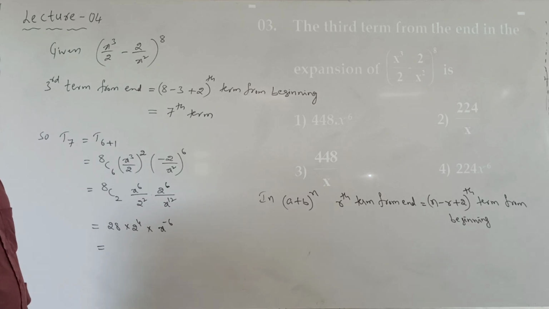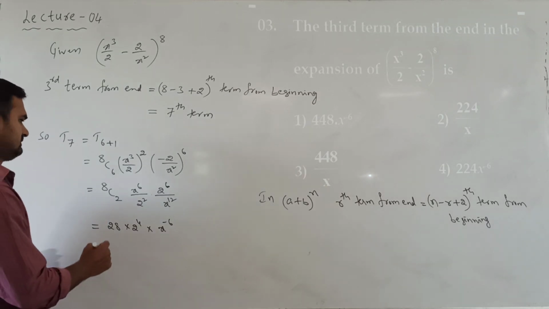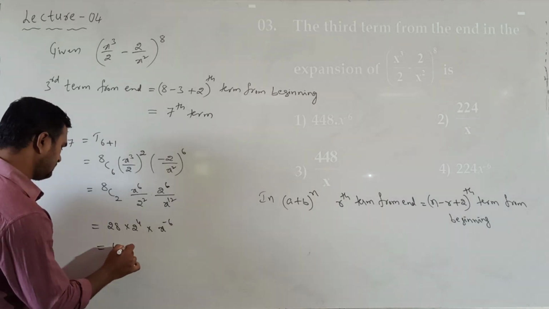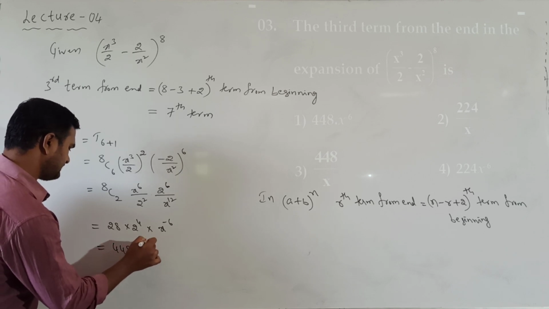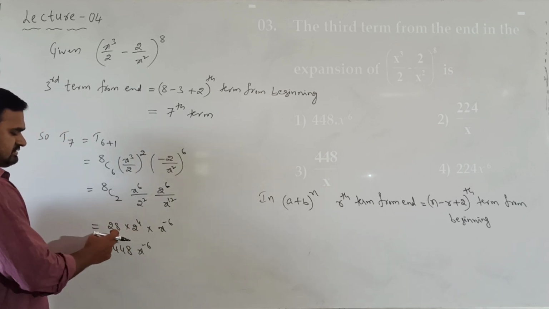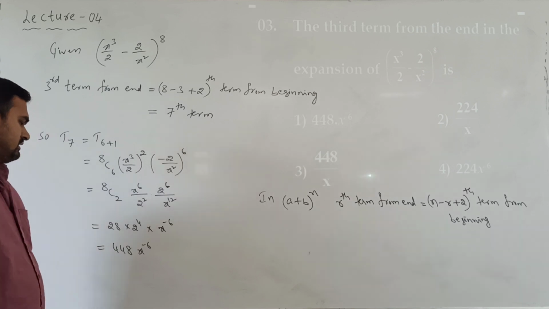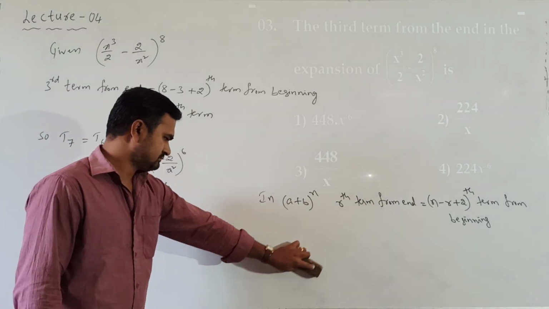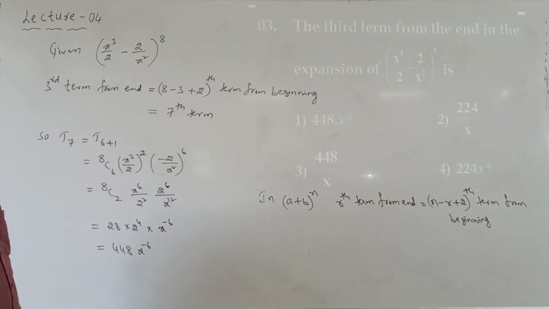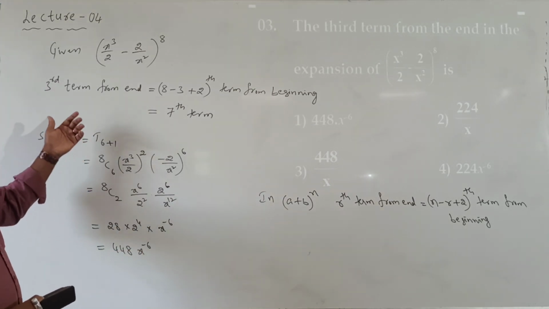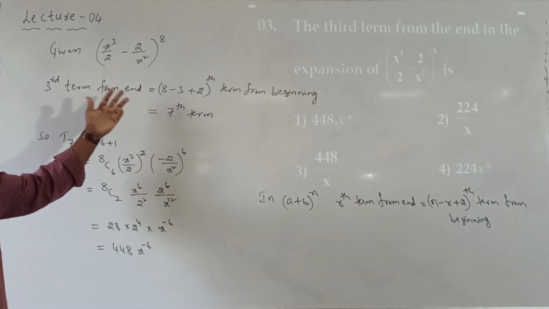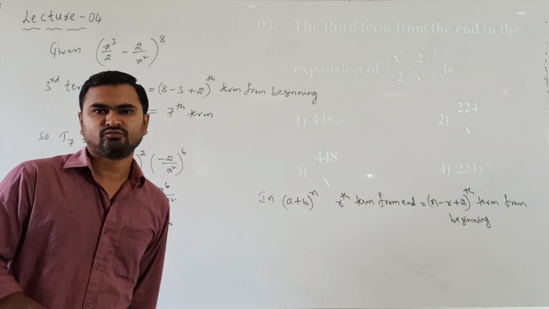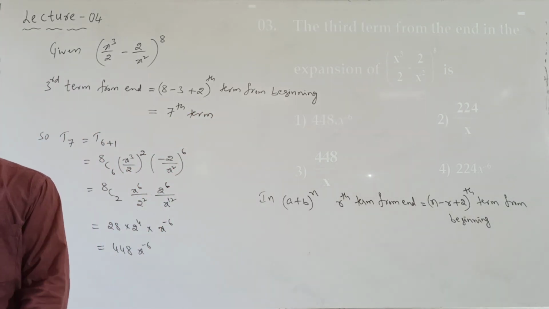So if you multiply this, you will get 448 x power minus 6. 28 into 16 gives 448 x power minus 6, that will be the required term. It is the third term from the end, which is the same as the seventh term from the beginning. Right?